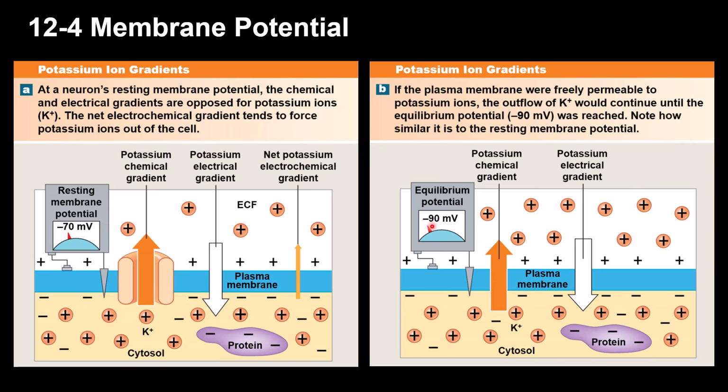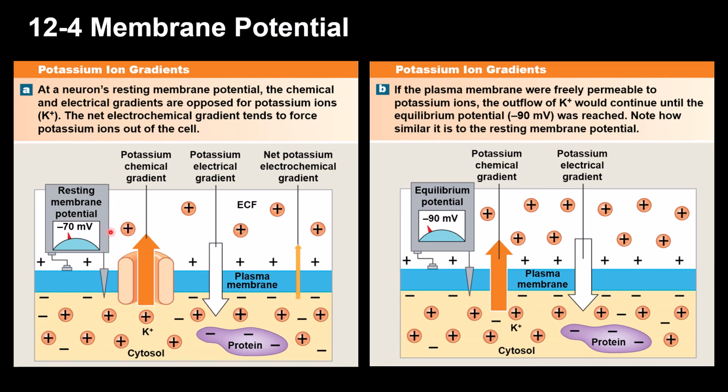So it will be negative. And if you compare that with the resting membrane potential, which is negative 70, the equilibrium potential of the potassium is much closer to the resting membrane potential than the equilibrium potential of sodium, which is positive 66.